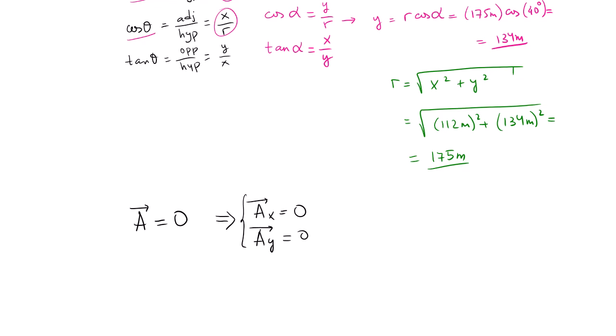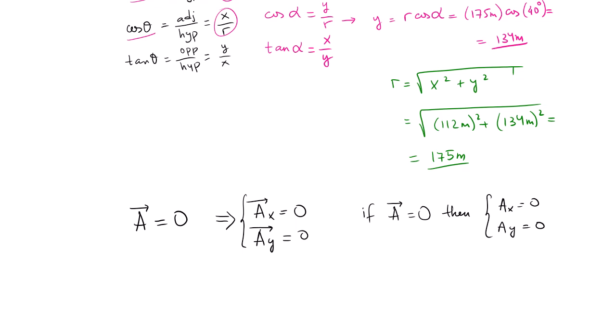Or stated in terms of scalar components, if vector A equals 0, then AX equals 0 and AY equals 0. 2 vectors are equal if and only if they have the same magnitude and direction.